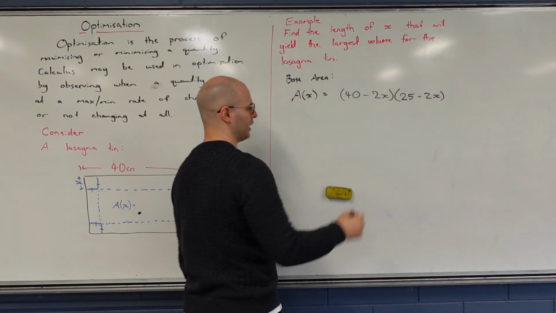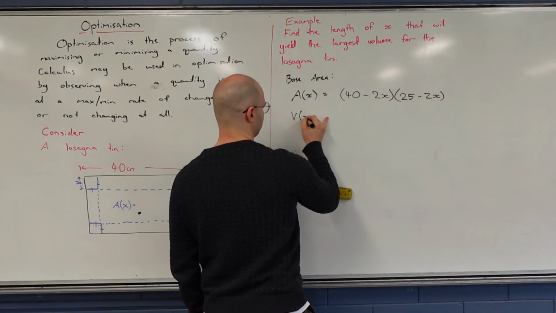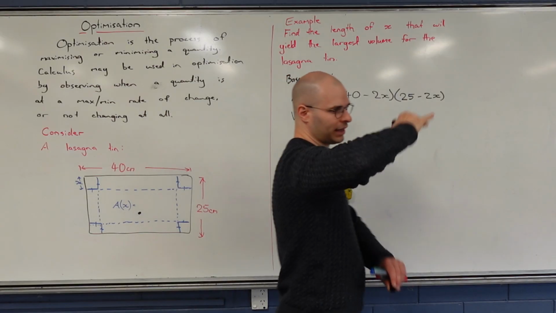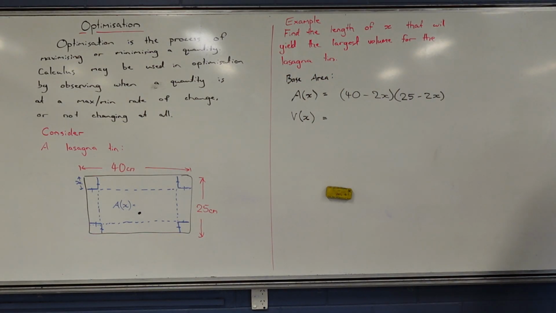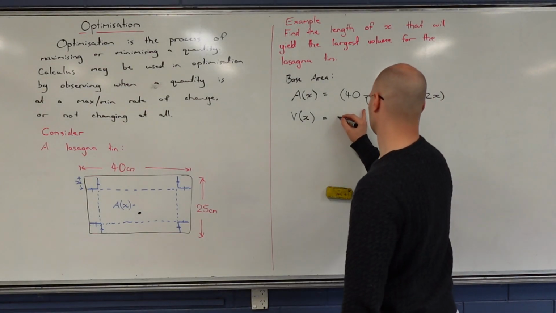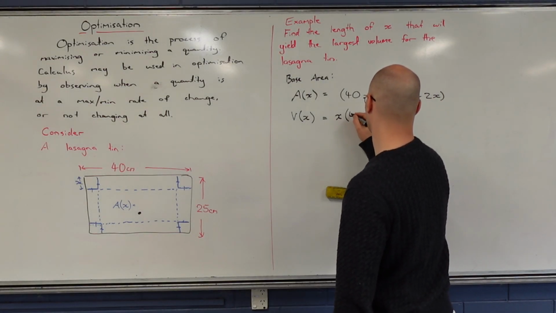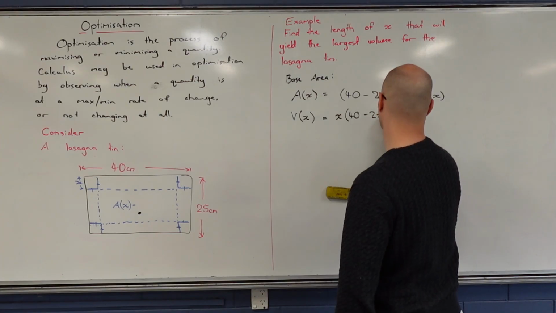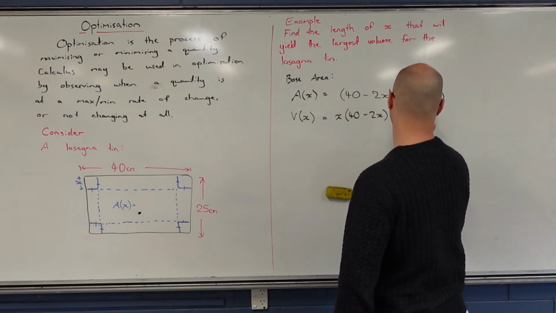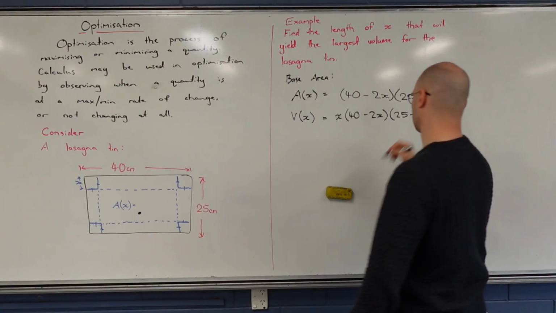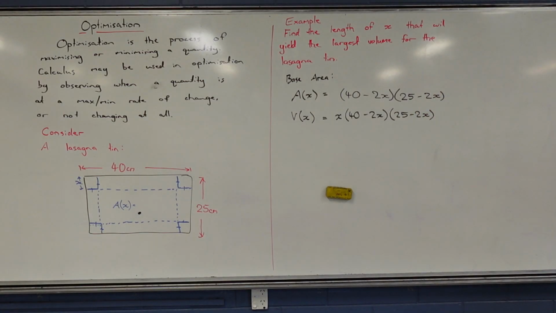Comprende? And then the volume is going to be, what's the height of our tin? X. Okay, here's our expression for volume. Now, if we bring out our handy dandy calculators and we go to our graphing mode, what we can do is put in our function that describes our volume.